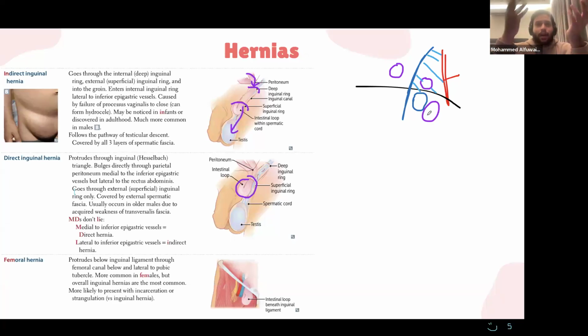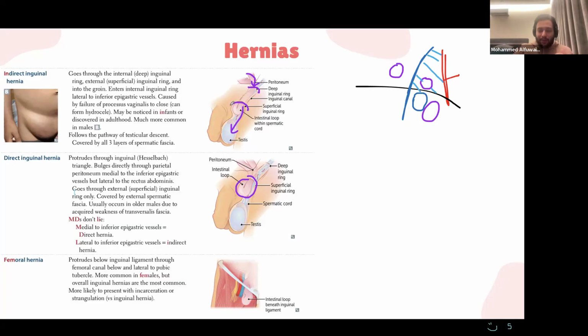Now, in terms of how these hernias will present, there are some terms that I want to mention. First of all is something called reproducibility. You ask the patient to strain, a Valsalva maneuver, which increases intra-abdominal pressure.